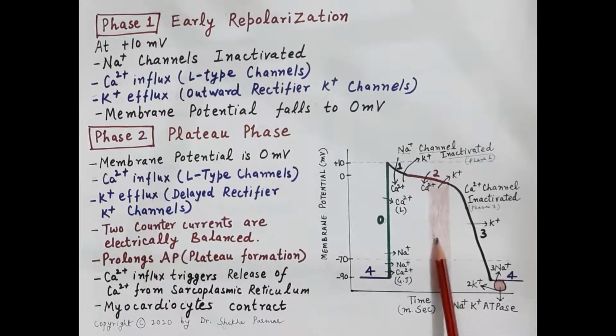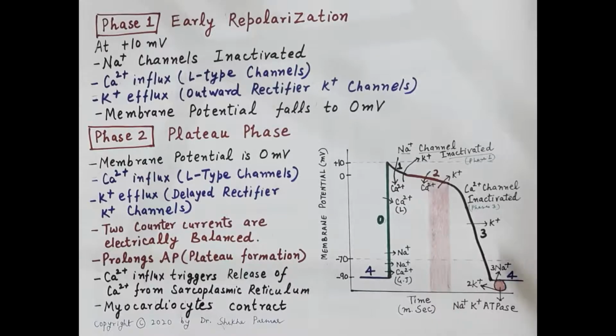So, the contraction of cardiac myocytes occurs in phase 2, that is in the plateau phase, and this occurs because of the calcium induced release of calcium from the sarcoplasmic reticulum. And because of this plateau phase, which remains for about 200 milliseconds, there is prolongation of the duration of action potential of a normal cardiac cell.